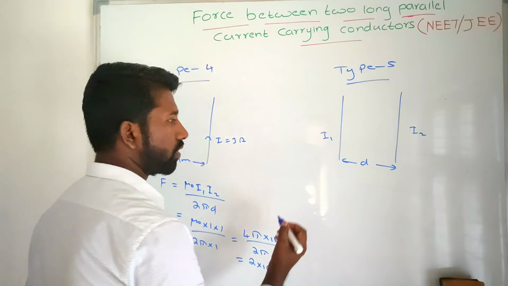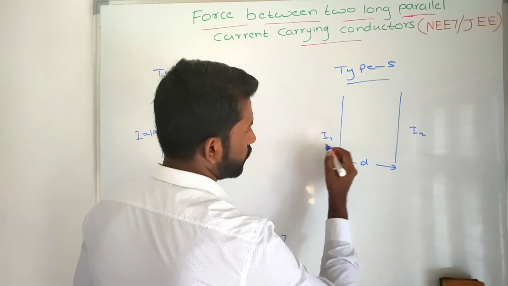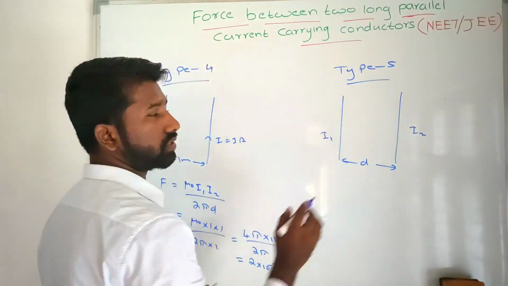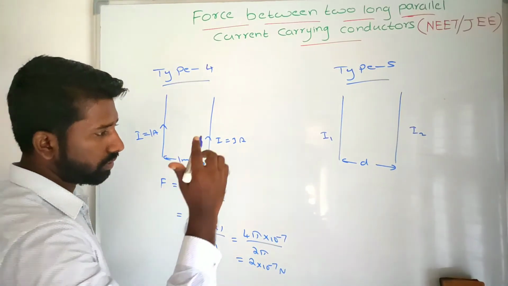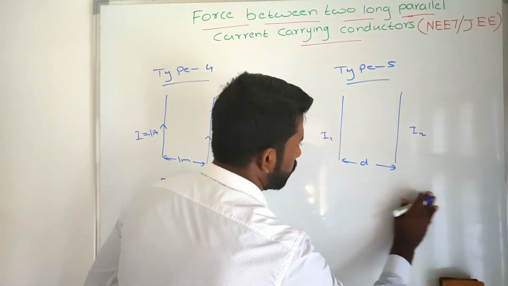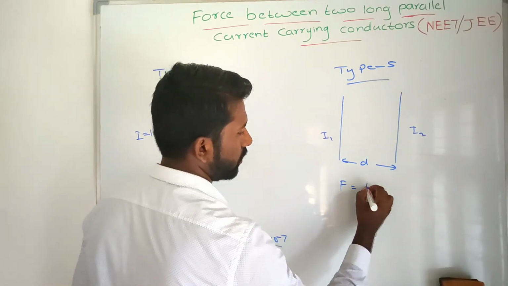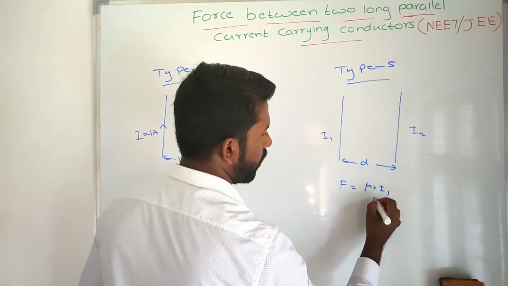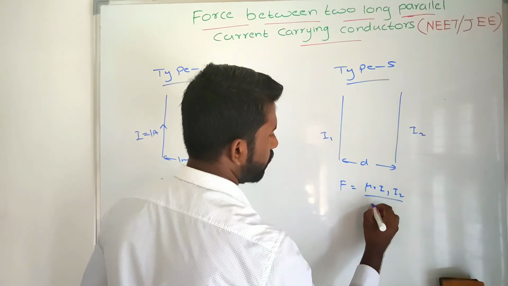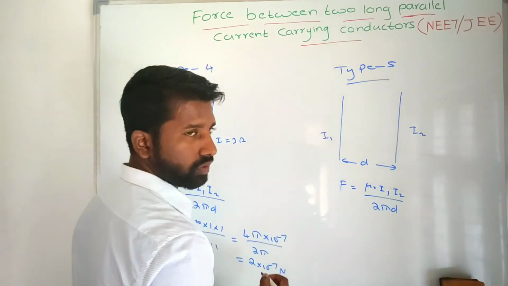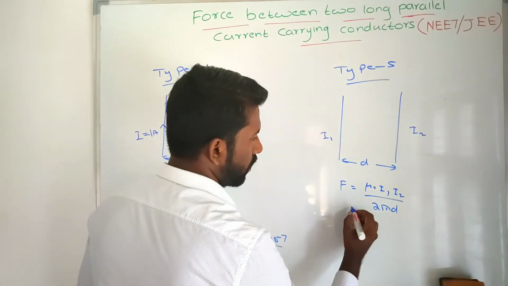That means we have to draw a force versus current product graph. Then what about the force between the current carrying conductors? That is mu 0 I1 I2 divided by 2 pi d. Okay, clear?